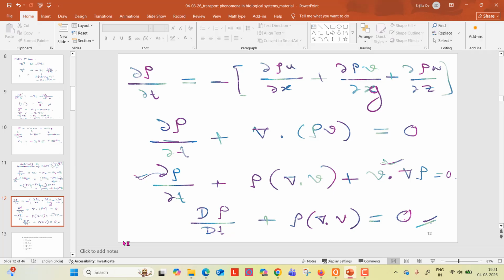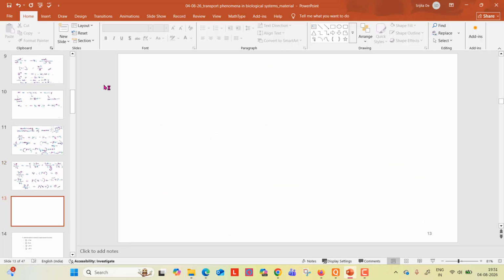This is for your fluid system, right? And when we say that the fluid is incompressible, that means rho doesn't change with time or space, right?